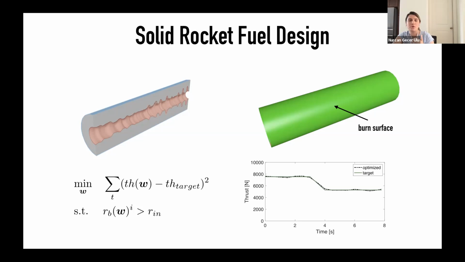We formulate this problem as minimization of the difference between the optimized thrust profile, meaning the one we get out of simulating the optimized material distribution, and the target thrust profile. And our constraint comes from the fact that the last burn surface should be a cylindrical one.